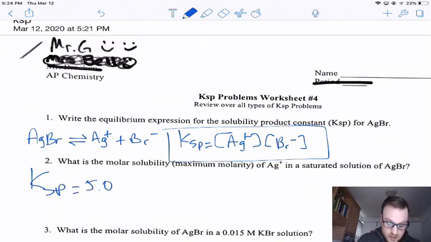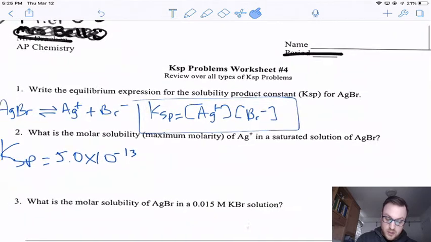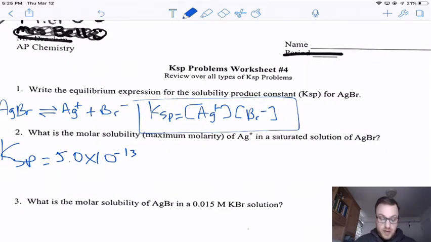It's not given to you in the problem, but the KSP for AgBr is 5.0 times 10 to the negative 13. So what is the molar solubility, aka the maximum molarity of silver ions in a saturated solution of AgBr? So if we could dissolve as much AgBr as possible and all of it would dissolve, how many ions would you see in solution? So they're all in 1:1:1 ratios.